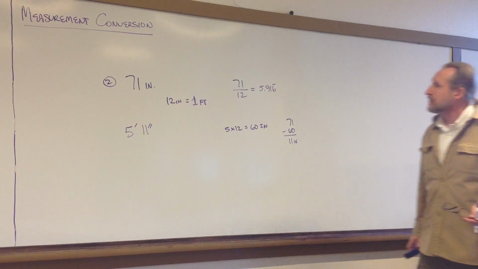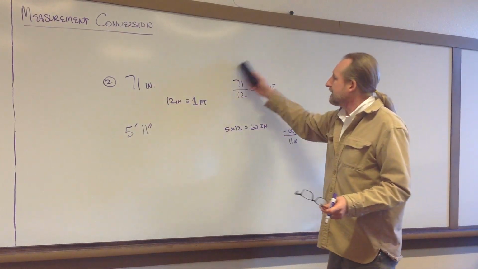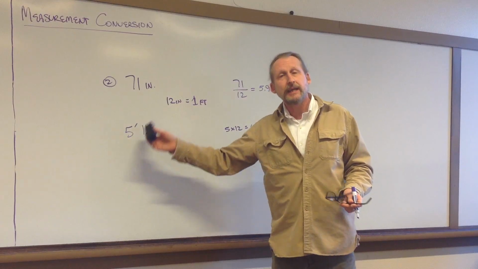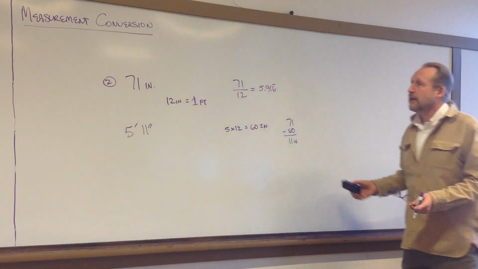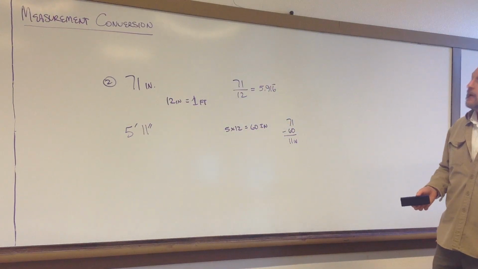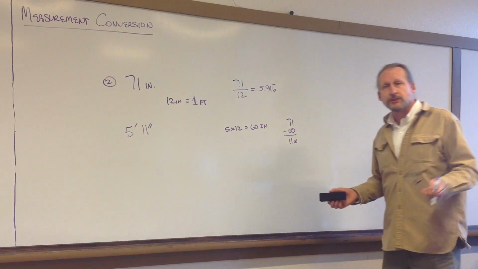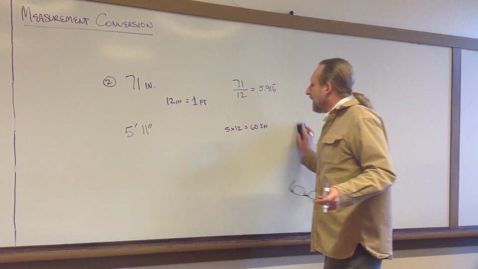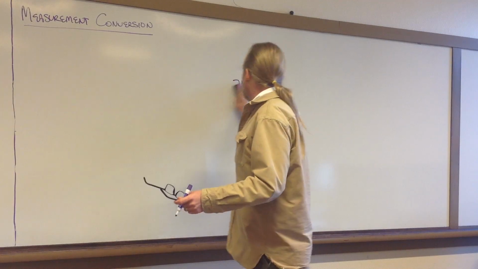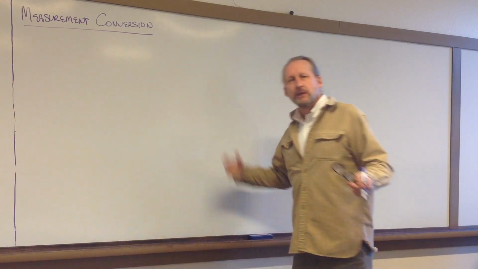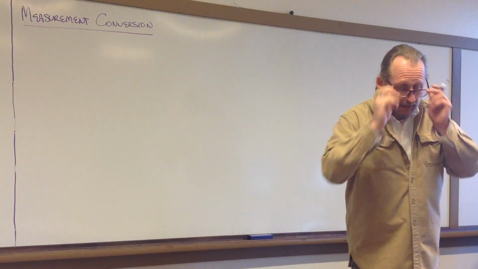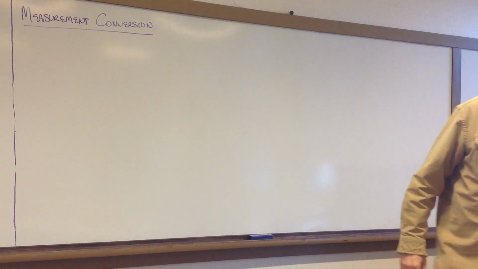And a lot of that is because our number system is in base 10, but feet and inches is not. There are 12 inches in a foot, and the same thing with pounds and ounces, because there are 16 ounces in a pound. When you divide those, your decimal is not going to be representative of how many ounces are left over.